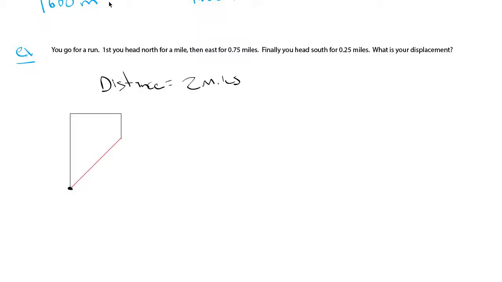This is what we're after: delta x. It's certainly not the same thing as 2 miles, the total distance traveled. So the question is, how do we figure out what that displacement is? Anybody, who's done this before? How do I figure that out?